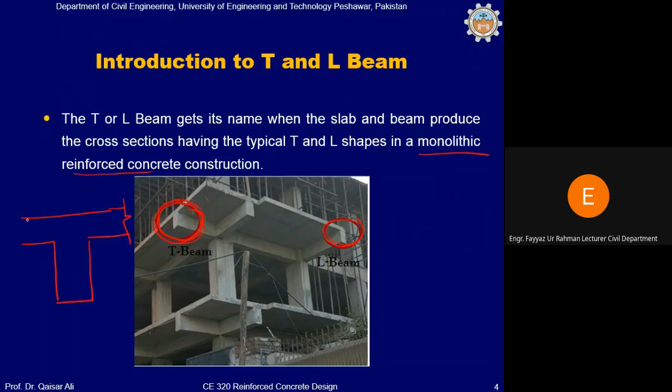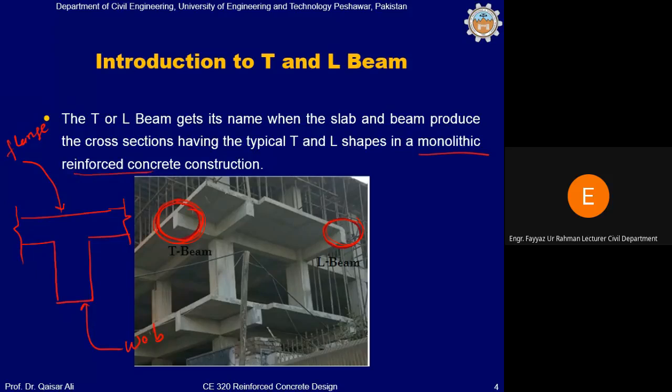Okay. This upper portion of the beam, which is basically the slab portion, is known as the flange of the beam, and this lower portion of the beam is called the rib of the beam.